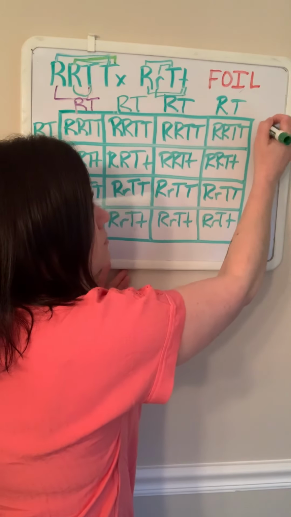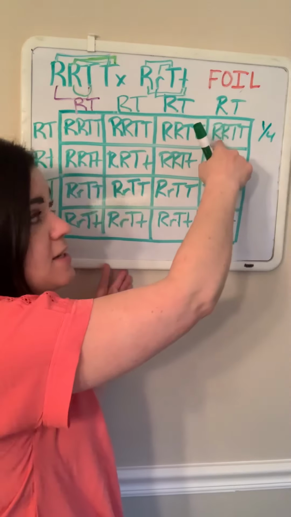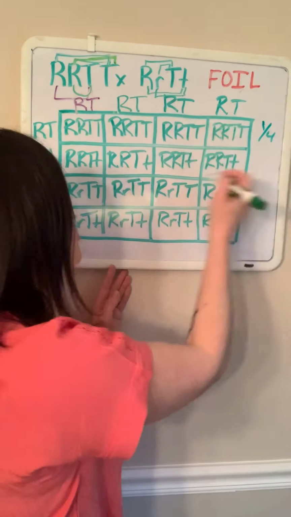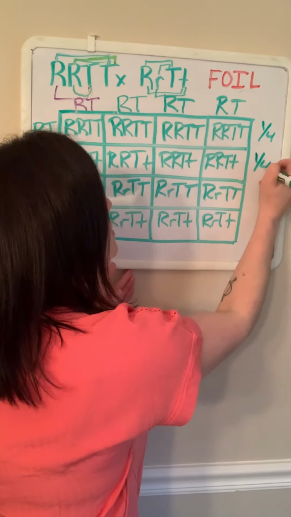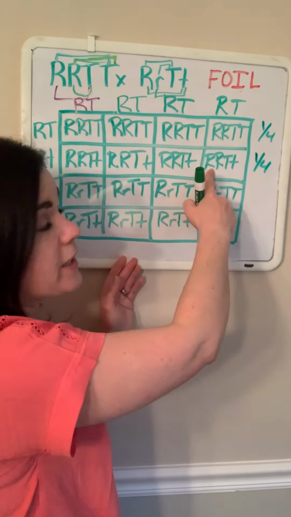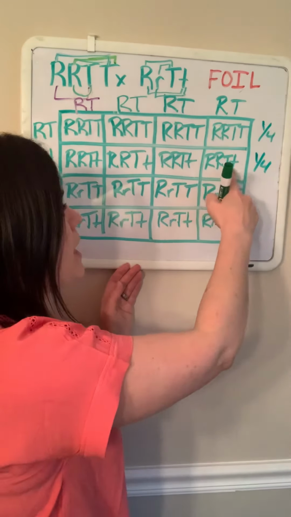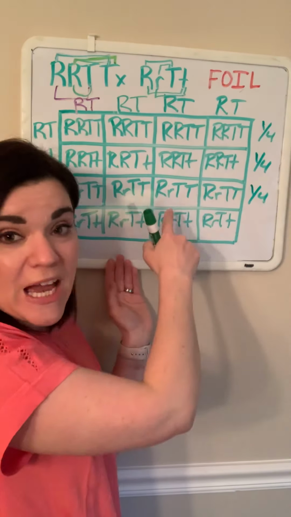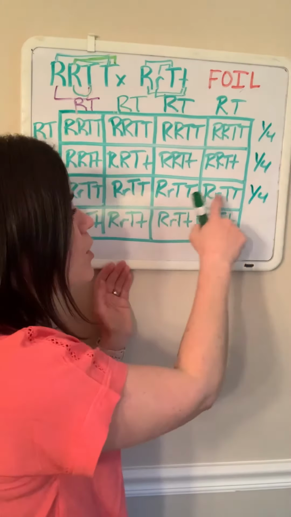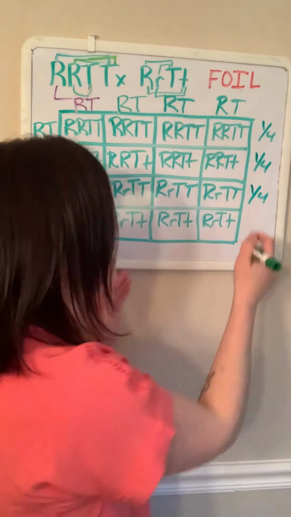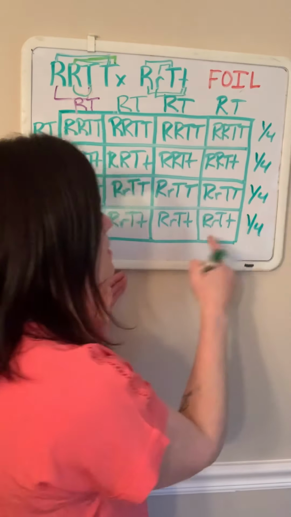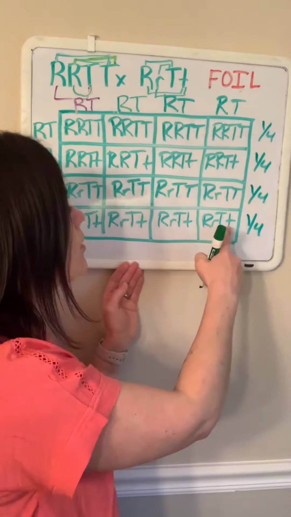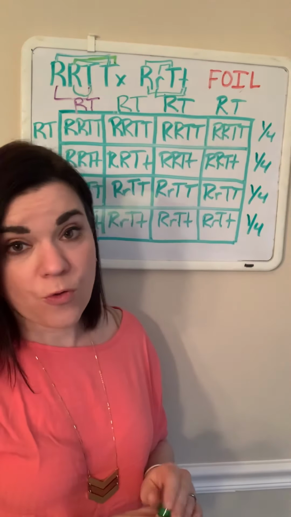So 1/4 is homozygous dominant for each trait. 1/4 is homozygous dominant for fruit color and heterozygous for height. 1/4 is heterozygous for fruit color and homozygous dominant for height. And 1/4 is heterozygous for fruit color and heterozygous for height.